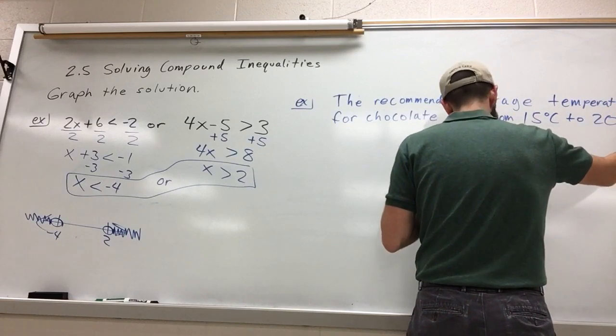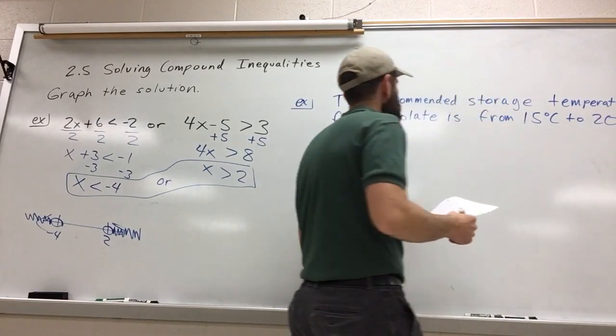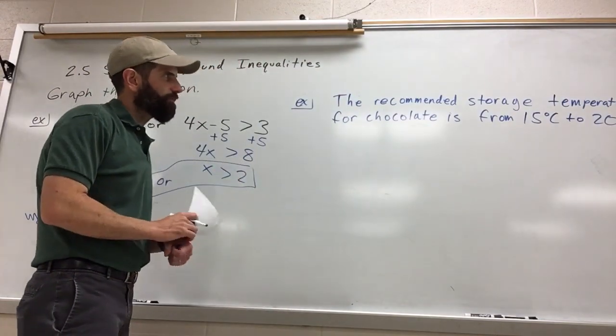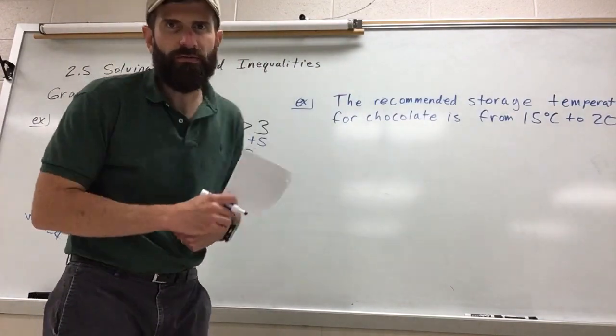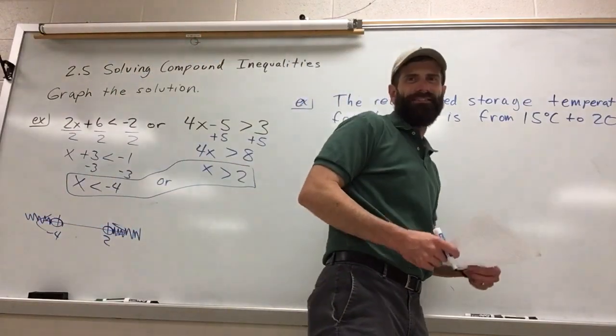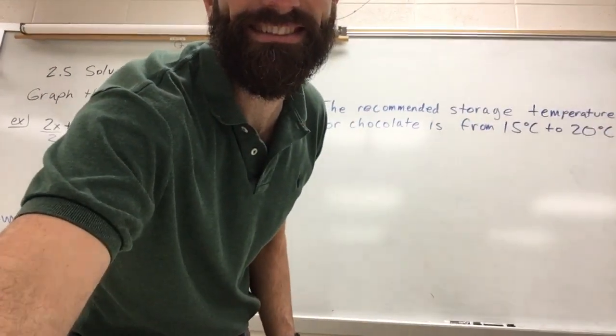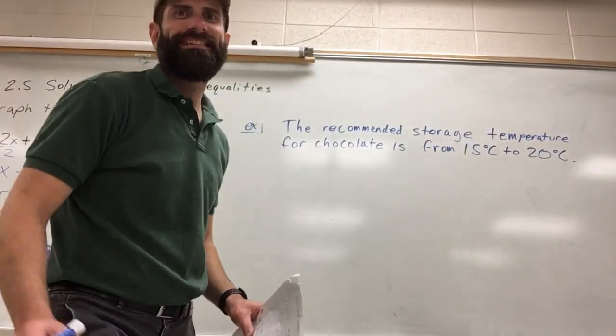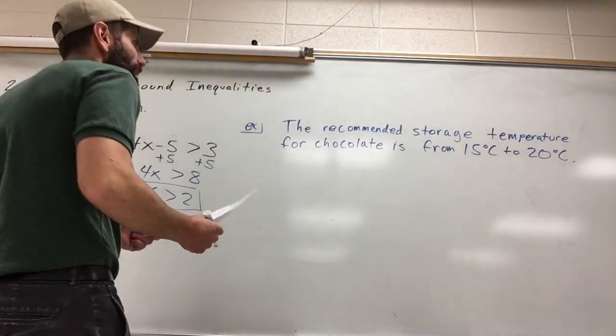I guess that actually would mean something different. Okay, the recommended storage temperature for chocolate is from 15 degrees Celsius to 20 degrees Celsius. I'll just slide it over just a little bit. There we go.